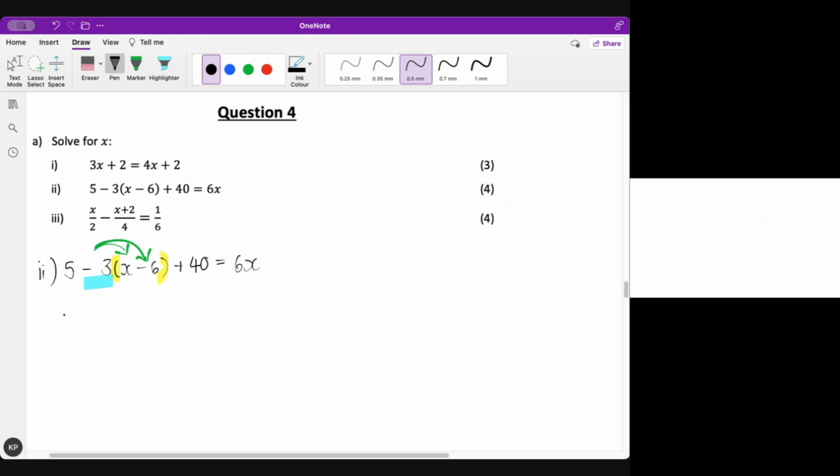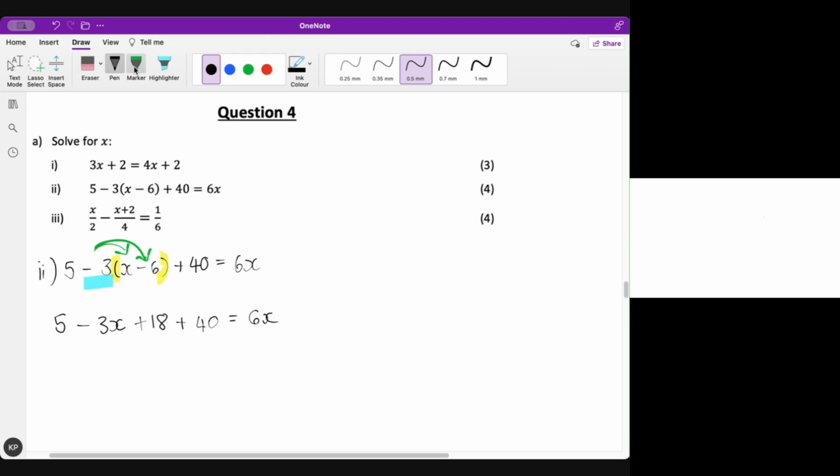So I have a 5 minus 3x. What's -3 times -6? Positive 18. There we go. Plus 40 is equal to 6x.